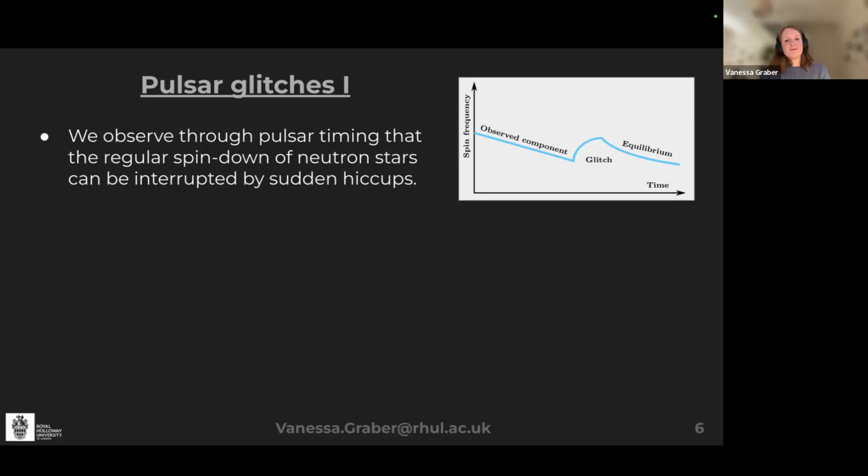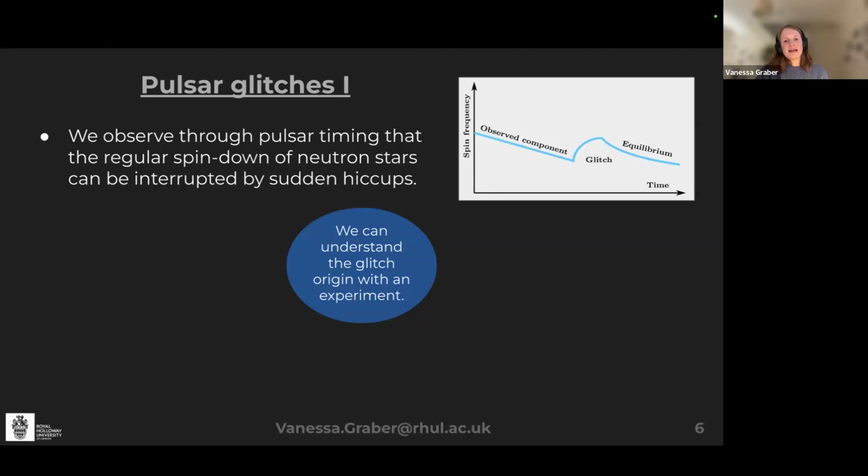We can see that sometimes this regular spin down is interrupted by sudden hiccups that we call pulsar glitches. So there's a sketch of this here on the right-hand side. This is not to scale. These things are generally very tiny, so it's very much like a hiccup. It looks very much like the star is just spinning up a tiny little bit during this glitch.